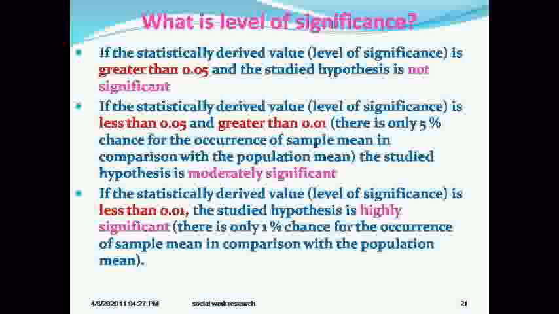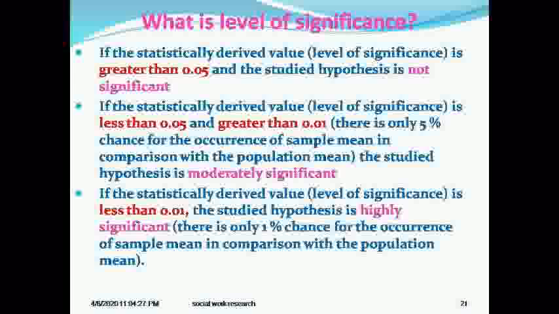If the value is between 0.05 and 0.01, there is some moderate significance. The relationship between the 2 variables is moderately significant.